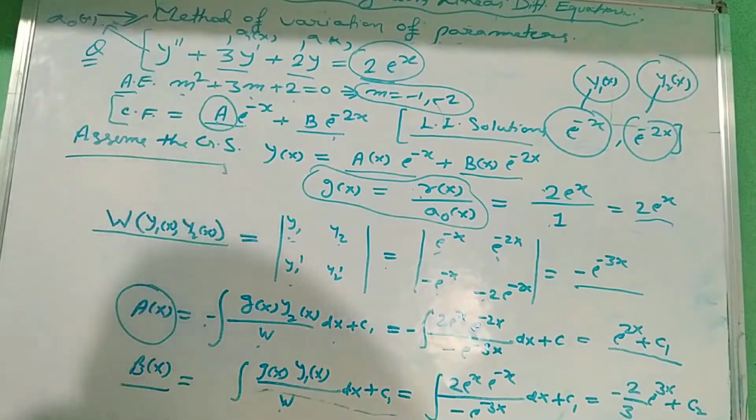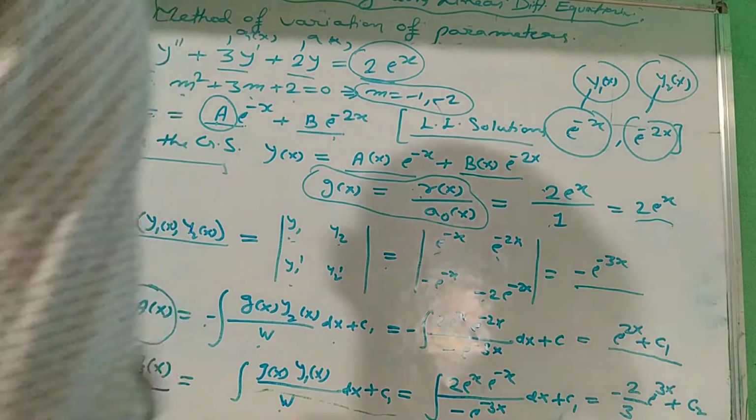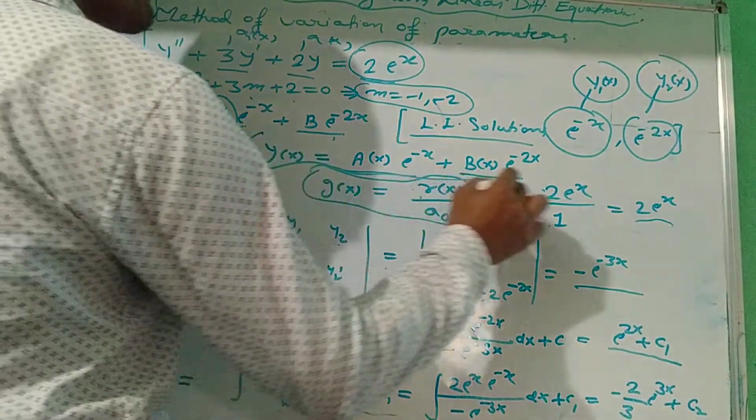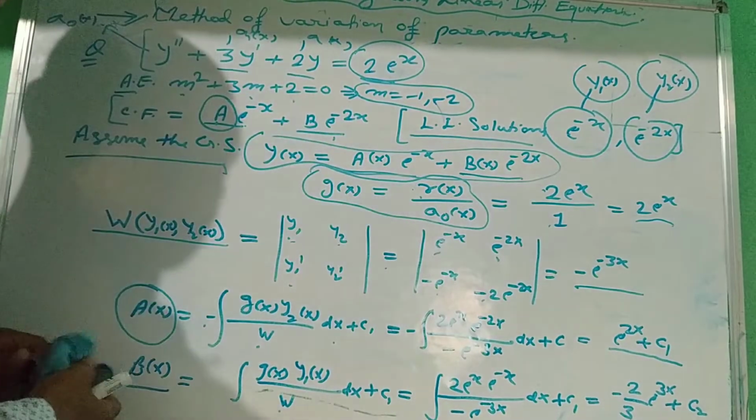Okay. Now we have the values of a1(x) and a2(x). We can put the values of a1(x) and a2(x), and we can easily find the general solution of this differential equation.